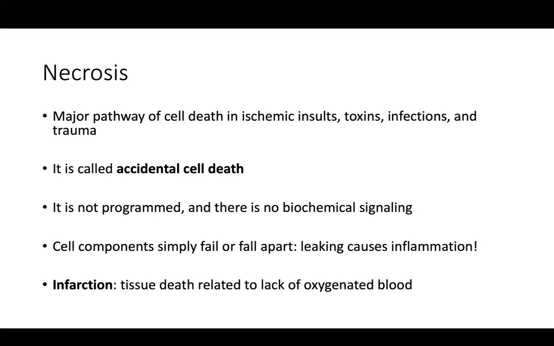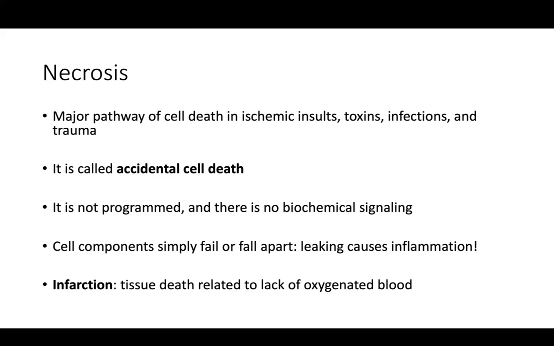So when we talk about necrosis, this is the major pathway for cell death in a lot of injuries. If there's reduction in blood flow and you get ischemia because of decreased oxygen due to lack of blood flow, it's going to be necrosis. If there's toxins present, it's going to be necrosis. Oftentimes infections, it's going to be necrosis.